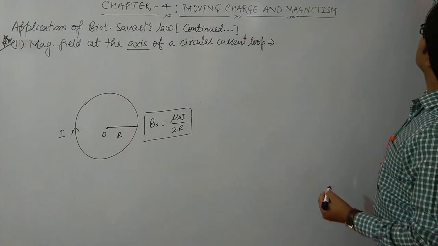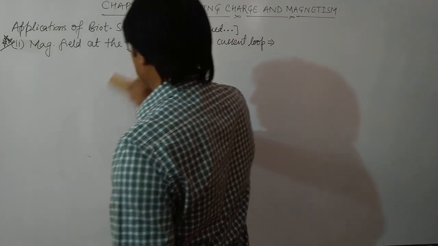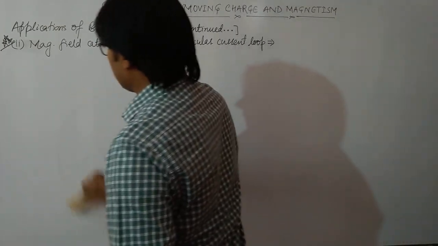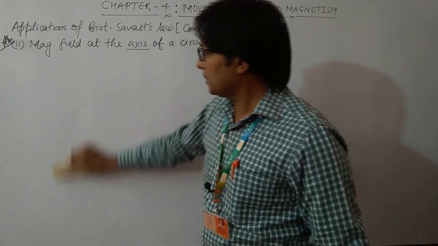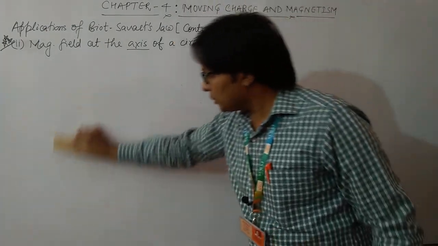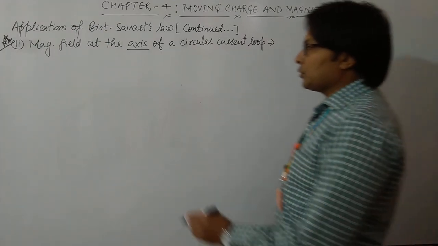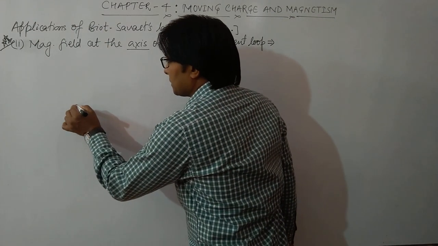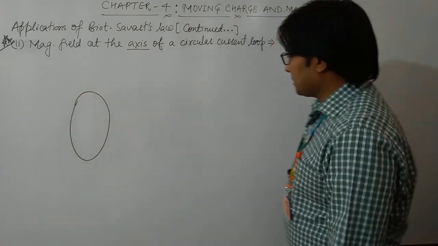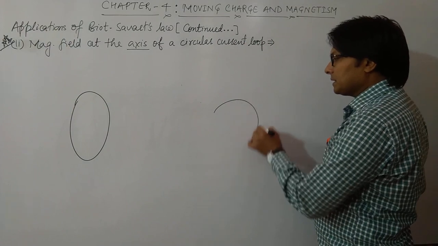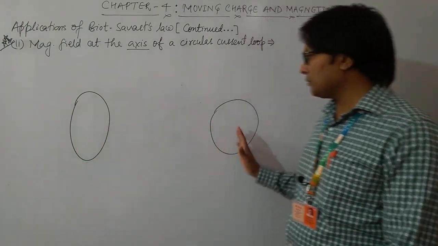First I draw the diagram, because the diagram itself is complicated. If I draw this diagram as a whole, you will not be able to understand it. So I am drawing in front of you that suppose this is the current loop. You will say, sir, we considered the current loop as this, and now you have changed the diagram. There is no difference between these two.